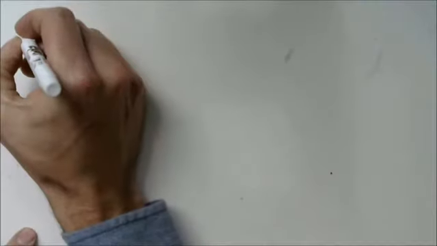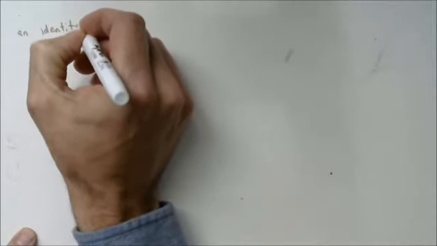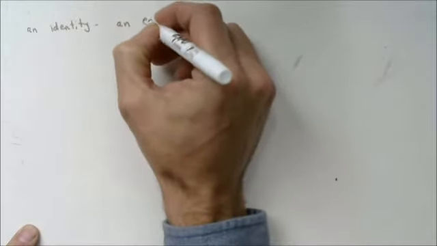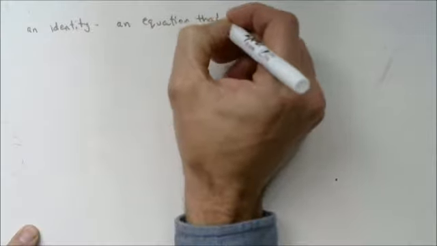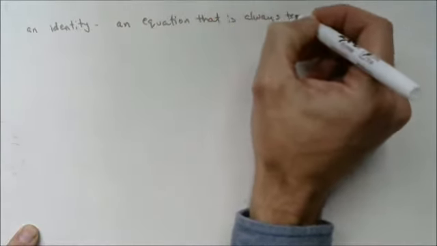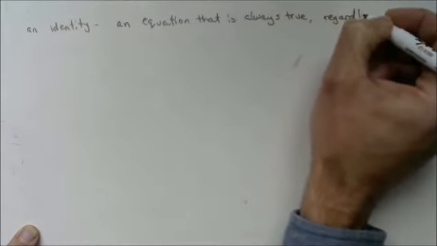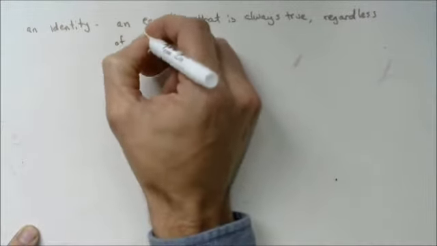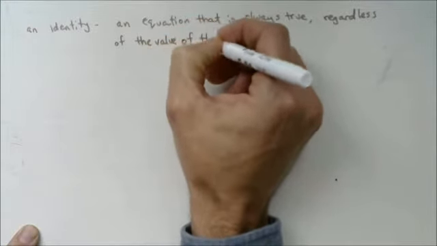So, an identity is an equation that is always true regardless of the value of the variable.